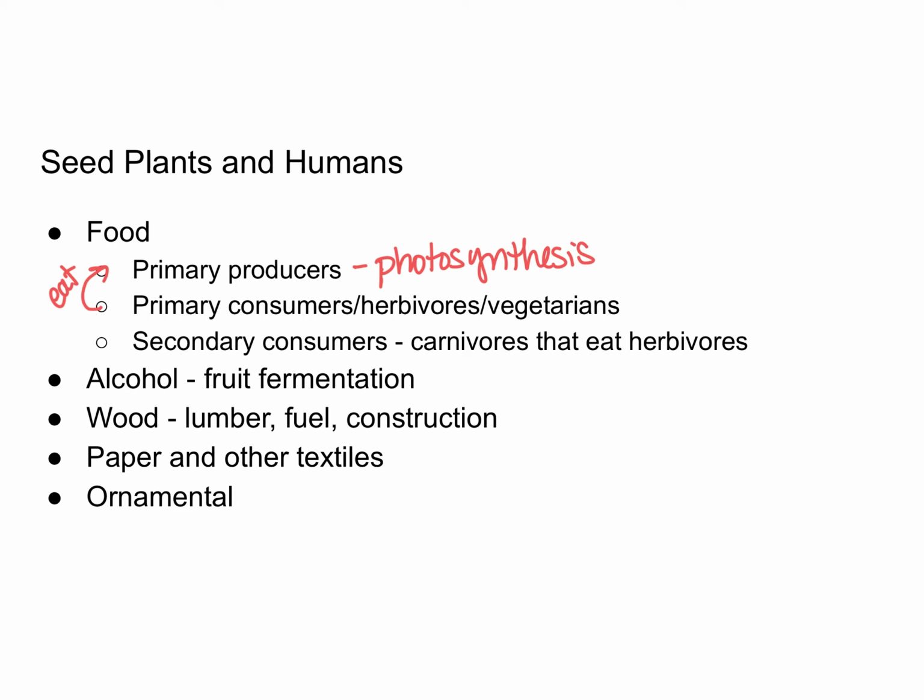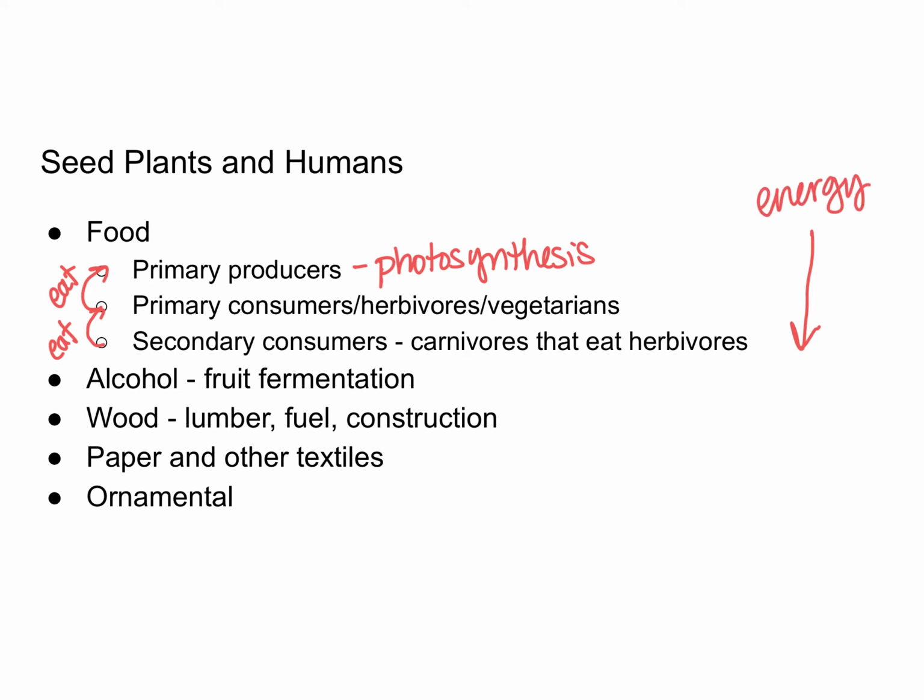Now, a secondary consumer eats a primary consumer, and the secondary consumer is going to be the carnivore that eats the herbivore. Now, an omnivore can eat at both the primary producer and primary consumer level. But ultimately, what's happening is this transfer of energy.